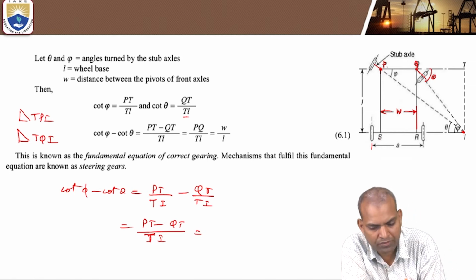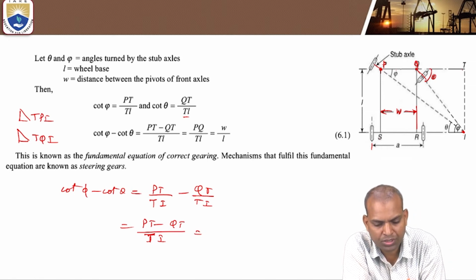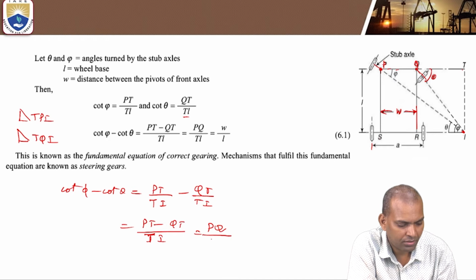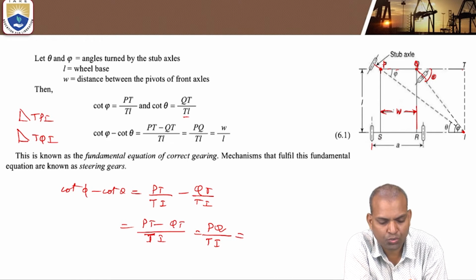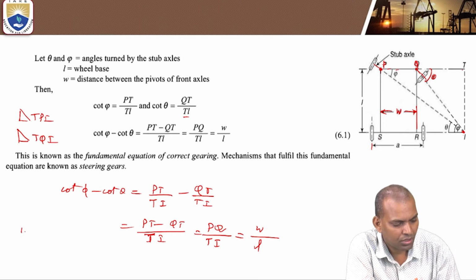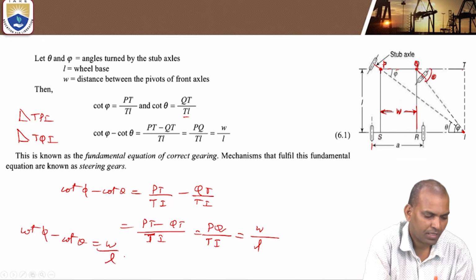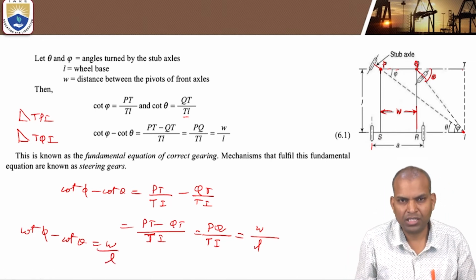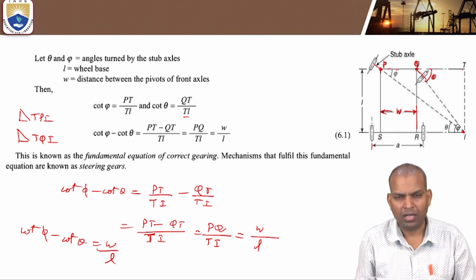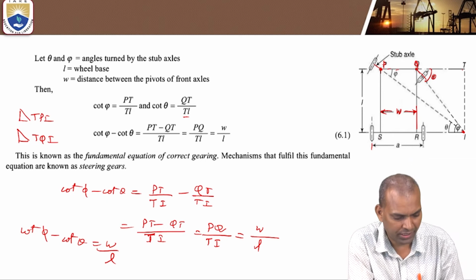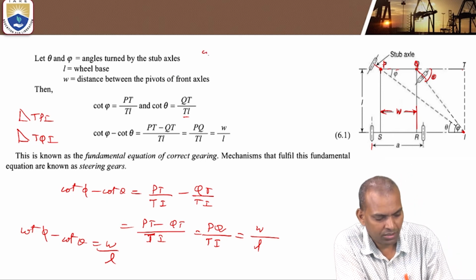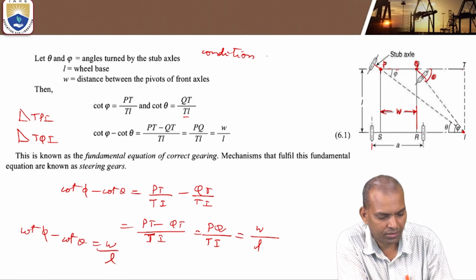Now, PT minus QT is PQ, so that is PQ by TI. The distance between P and Q is W, and TI is L. So cot phi minus cot theta equals W by L. This is known as the fundamental equation of correct steering, also known as the condition for correct steering.